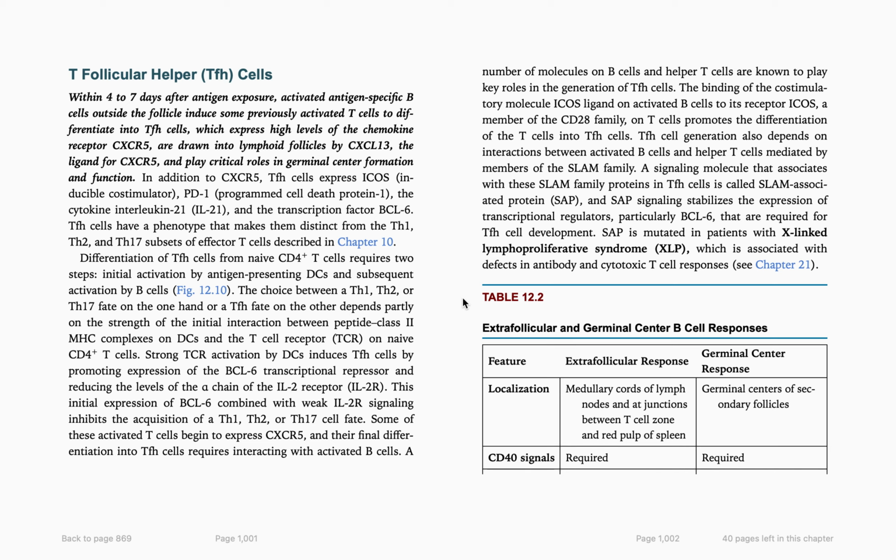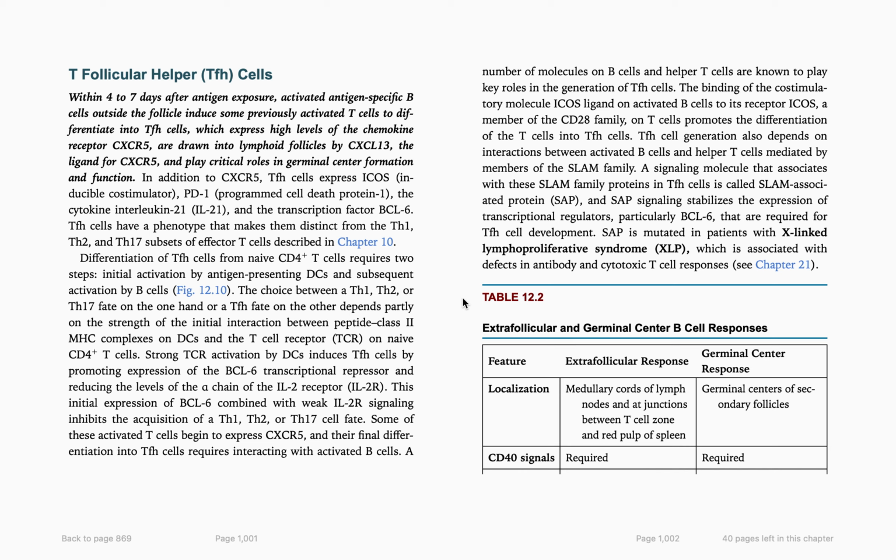T follicular helper cells. Within 4 to 5 days after antigen exposure, activated antigen-specific B cells outside the follicle induce some previously activated T cells to differentiate into T follicular helper cells, which express high levels of the chemokine receptor CXCR5 and are drawn into lymphoid follicles by CXCL13, the ligand for CXCR5, and play critical roles in germinal center formation and function.